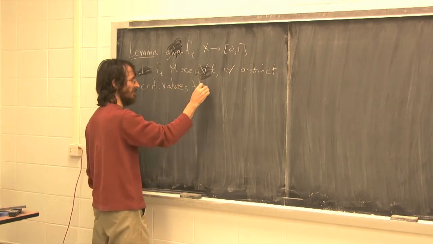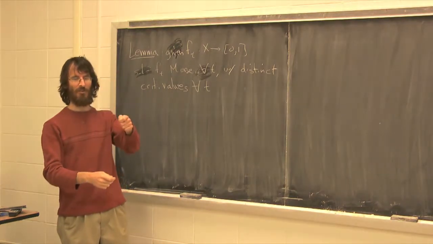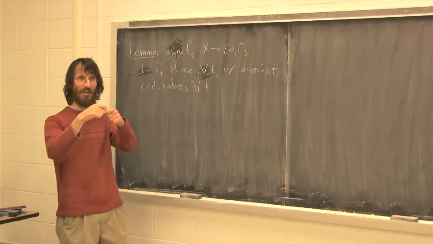So what this means is Morse for all t, which means if you have a critical point at some time, you can follow that critical point.